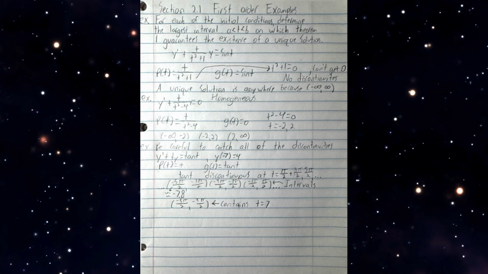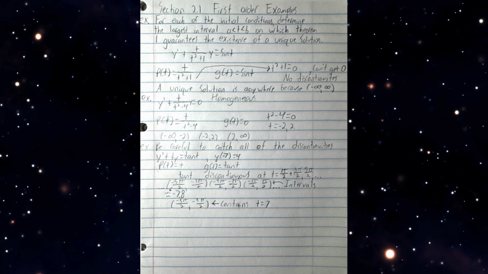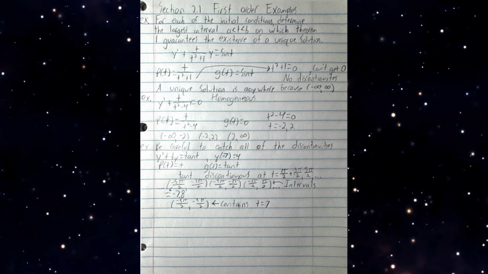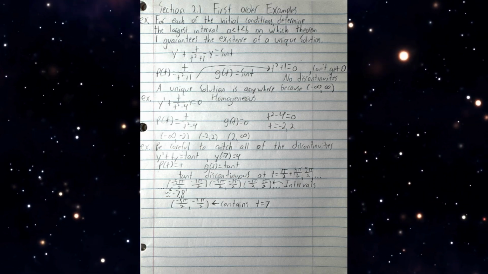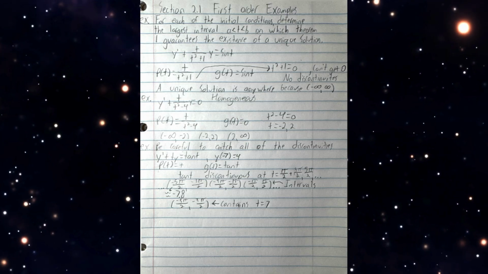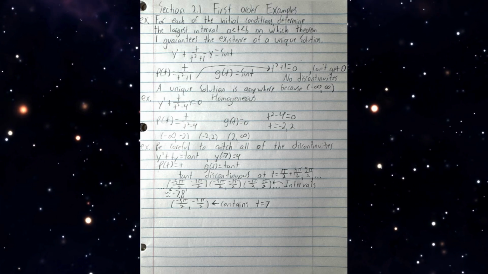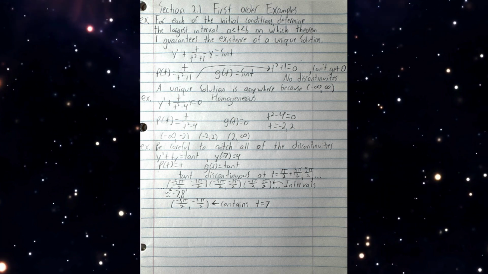Now for our next example, we have y prime plus t divided by t squared minus 4 times y. This problem will be homogeneous because it is equal to 0. So if we let p of t equal t divided by t squared minus 4, and we let g of t equal 0, we will want to examine that t squared minus 4.